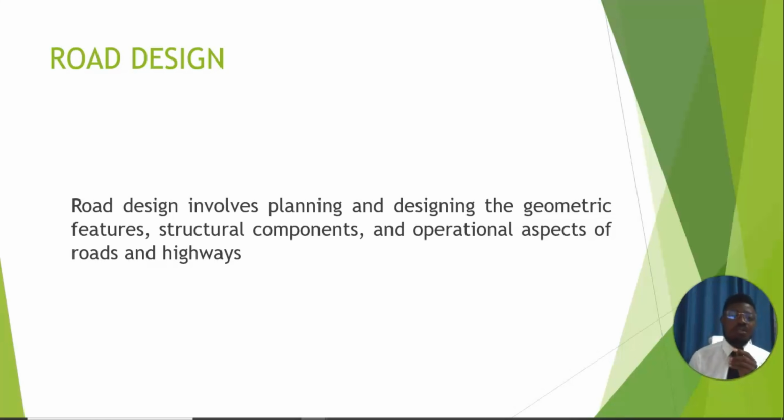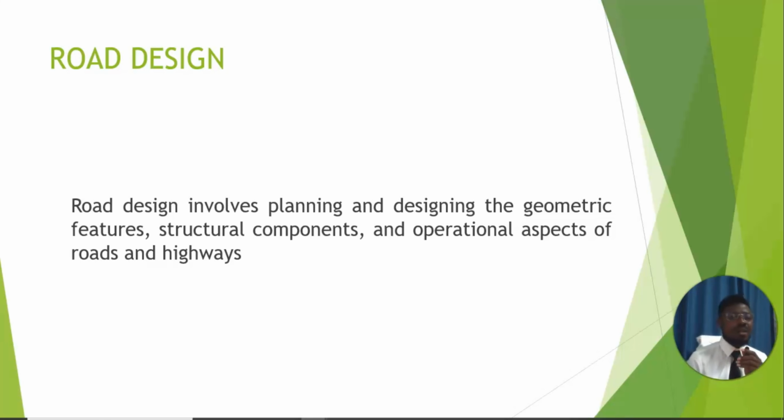We also have to look into the structural components of the road. We also need to take a look at the operational aspects of the road and highway. So they are very much important when we want to design a road. We have to design the road in a way whereby we know where we are going to be having the traffic. Is there going to be a traffic intersection? Even if there's going to be a traffic intersection, will it be a T intersection?